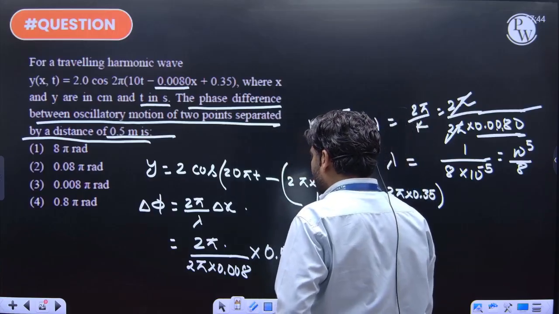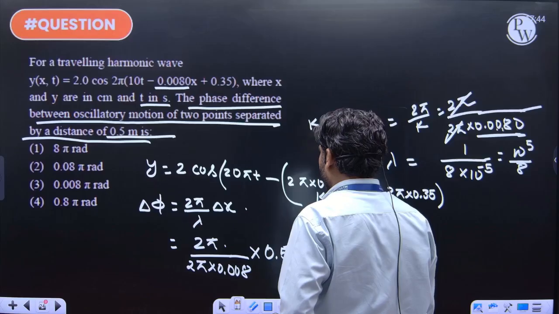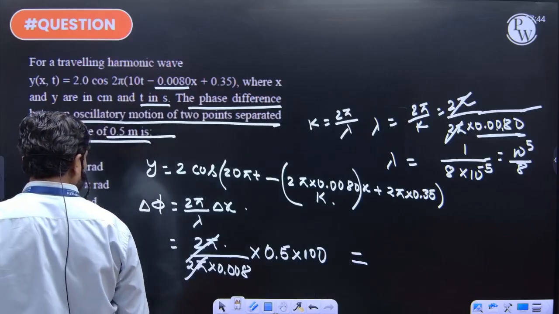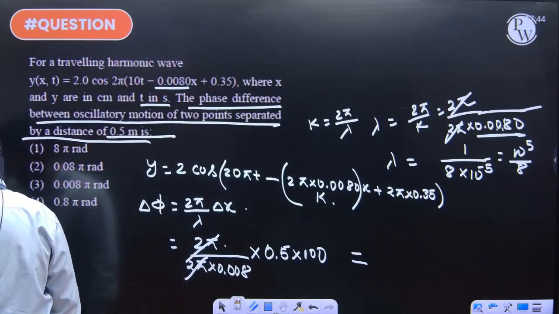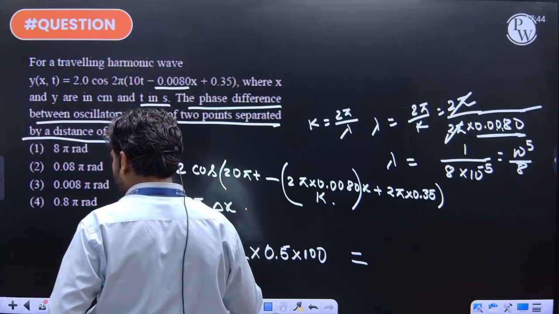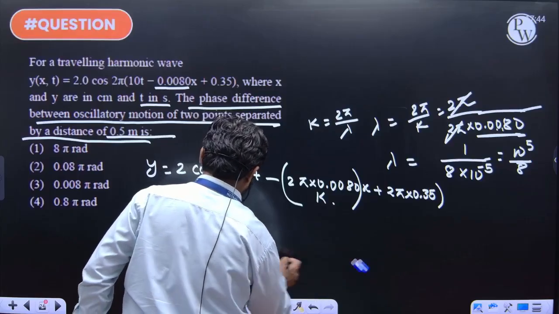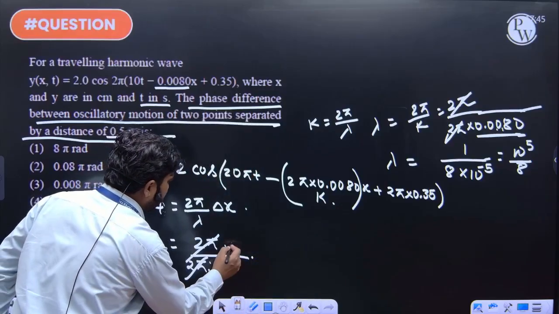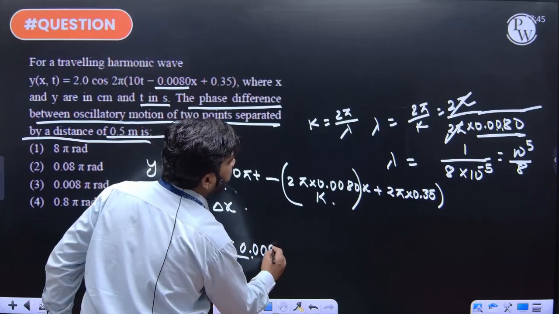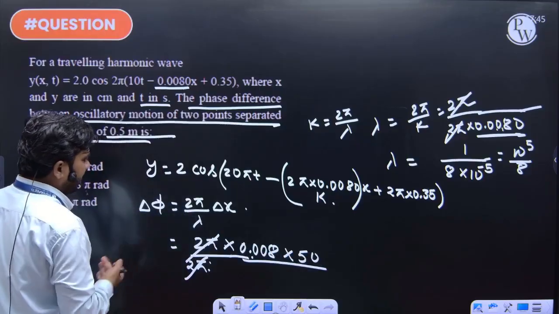So how much will we get? 50 into 2π, this 2π and 2π will cancel. 2π by λ, what I am doing is 2π into 0.008 into 50, since 0.5 meter is 50 centimeter. Now you will get that answer.